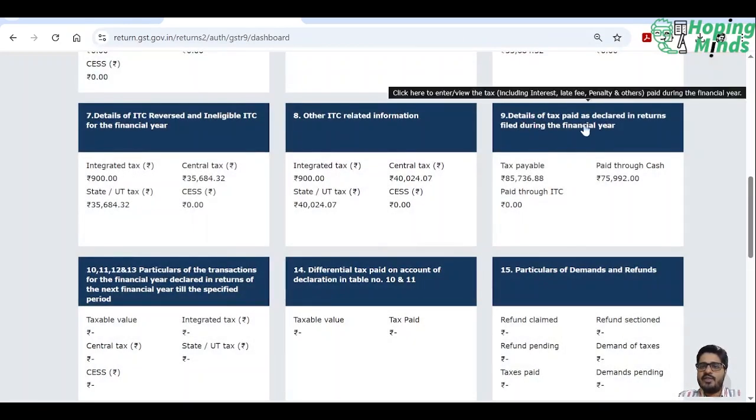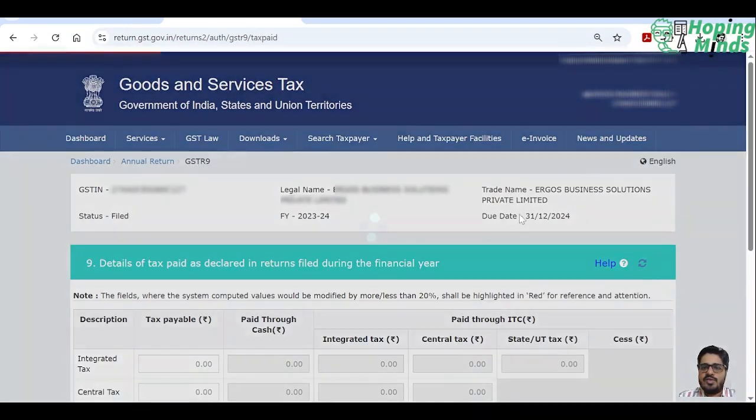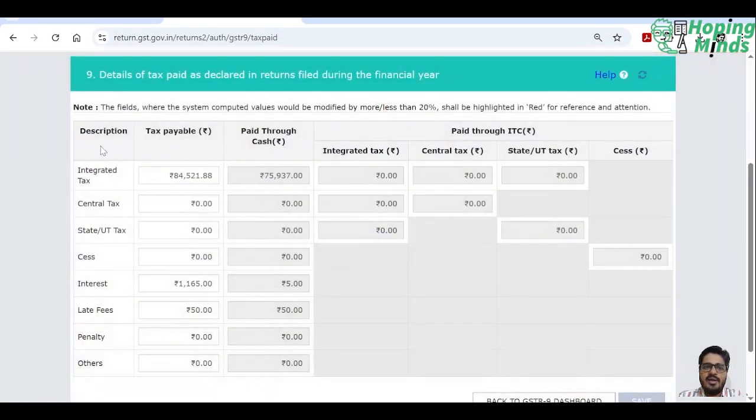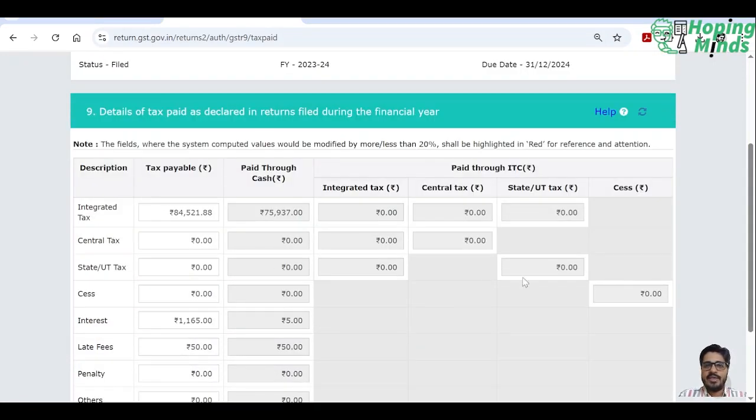Next we have details of tax paid as declared in return filed during the financial year. This was the integrated tax payable and which has been paid by us. So here we can see the difference. The tax payable was rupees 84,521.88 but rupees 75,937 has only been paid during the year.